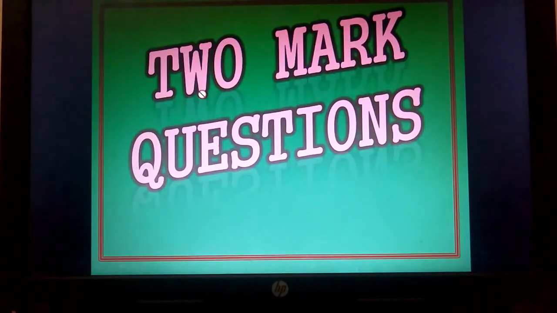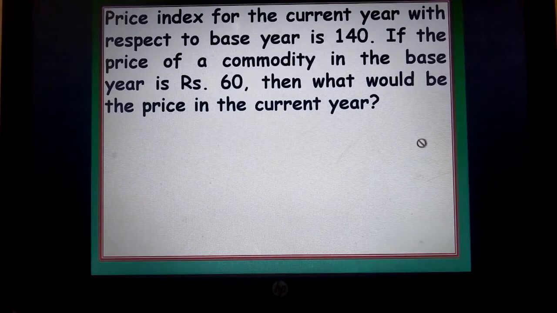So next, let us get into some 2-mark questions. Price index for the current year with respect to base year is 140. If the price of a commodity in the base year is rupees 60, then what would be the price in the current year?